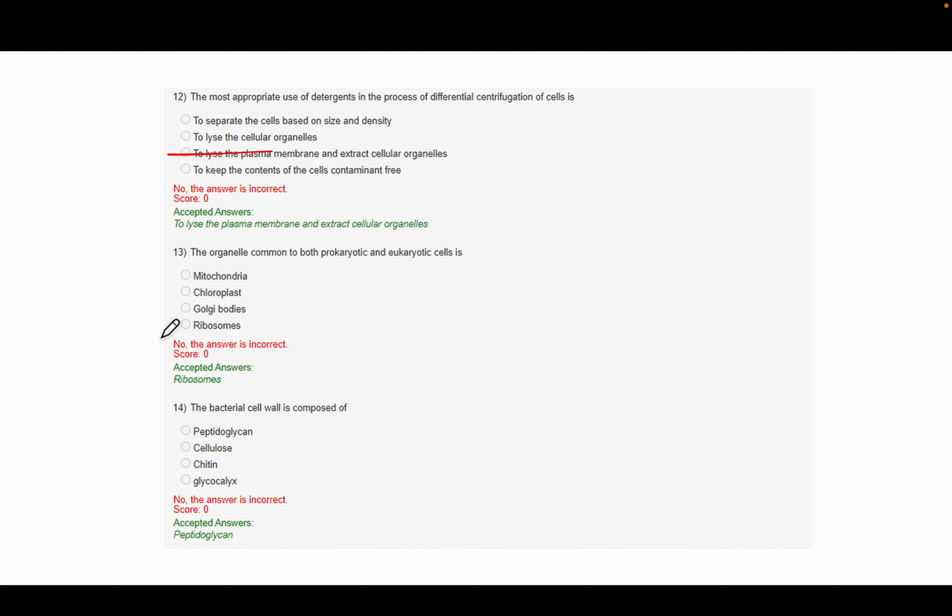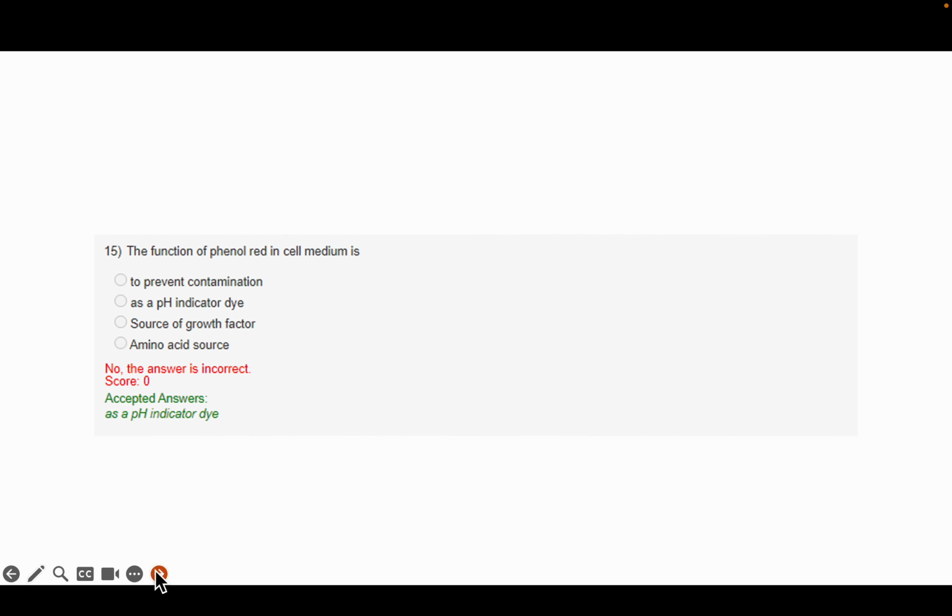It will be ribosomes. The bacterial cell wall is composed of peptidoglycan, cellulose, chitin or glycocalyx. So the bacterial cell wall is composed of peptidoglycan. The function of phenol red in cell culture media is a pH indicator dye.